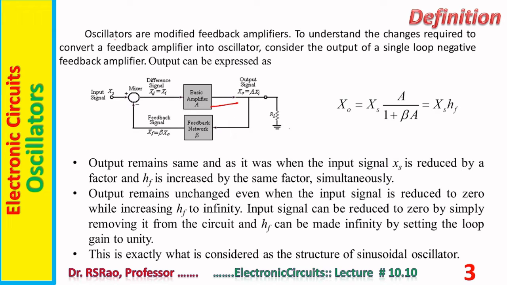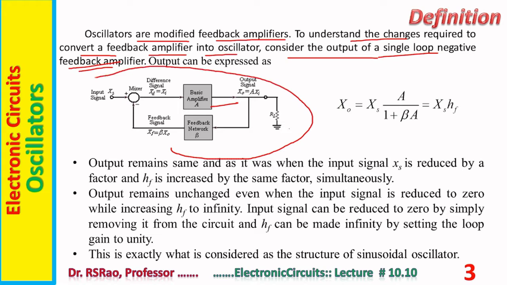As already shown, oscillators are modified feedback amplifiers. To understand the changes required to convert a feedback amplifier into an oscillator, consider the output of a single loop negative feedback amplifier. Here is shown a single loop negative feedback amplifier.